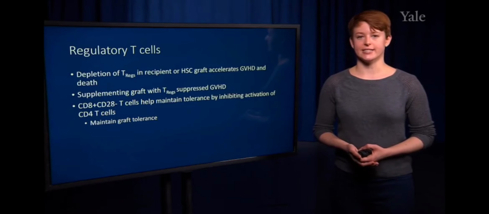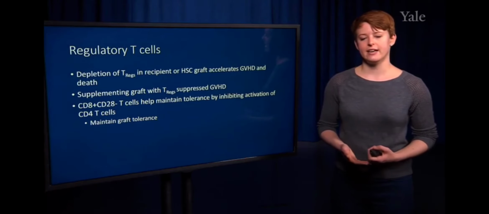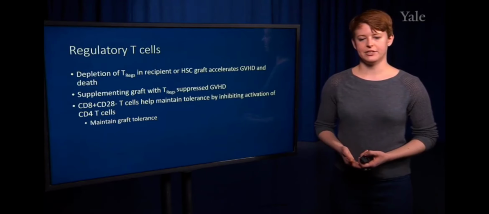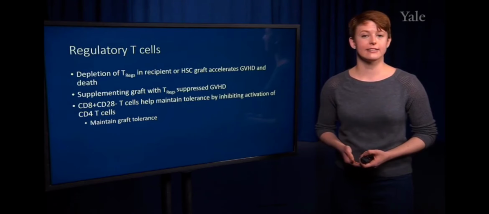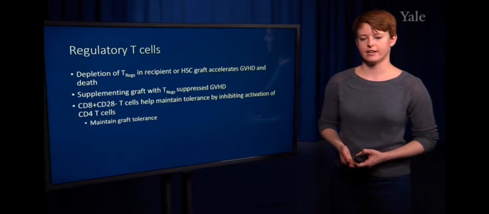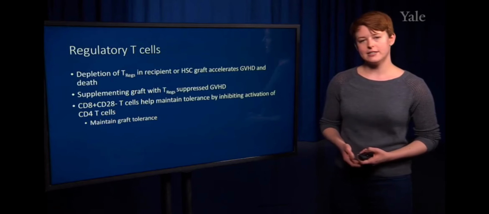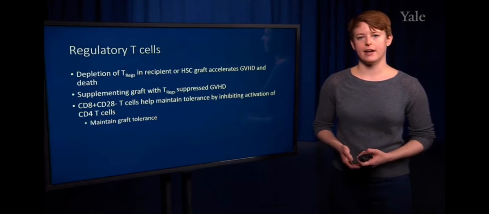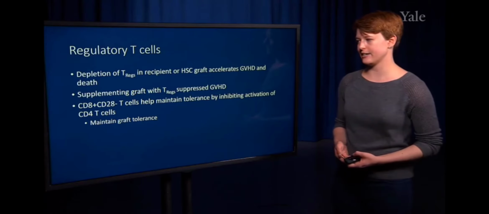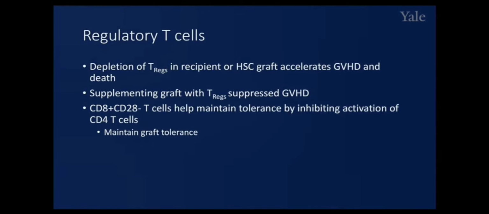And conversely, supplementing a graft with Tregs can help suppress GVHD with very few other off-target effects. We also see some Tregs, a subset known as CD8 positive, CD28 negative T cells, can help maintain tolerance of a graft by inhibiting activation of CD4 T cells.